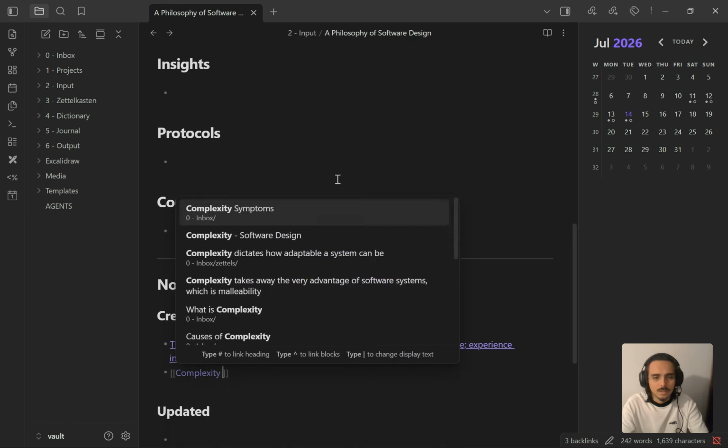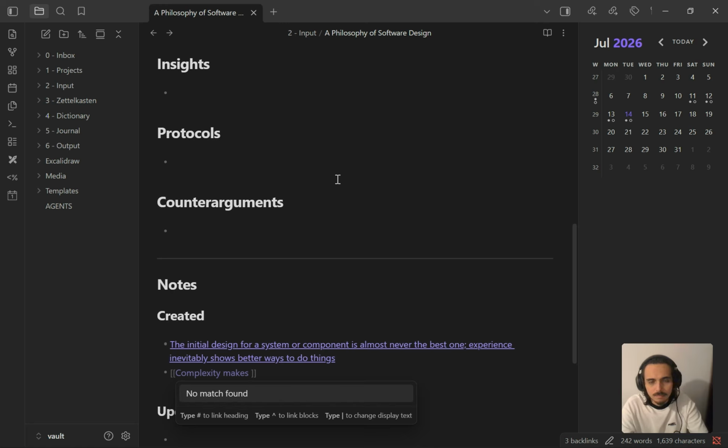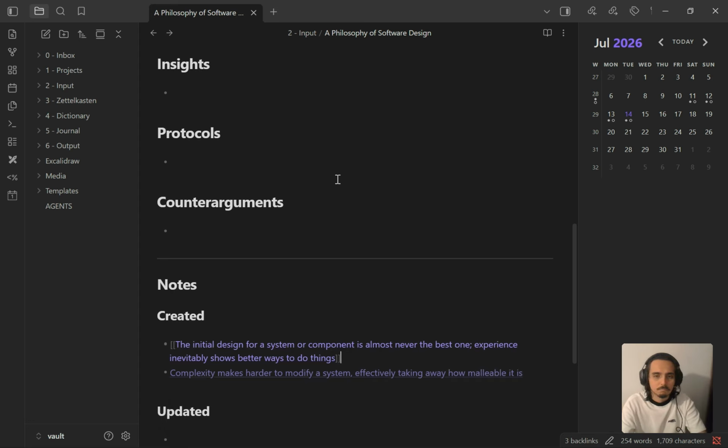Okay, we will define a general title, I will polish this later: complexity makes it harder to modify a system, effectively taking away how malleable it is.